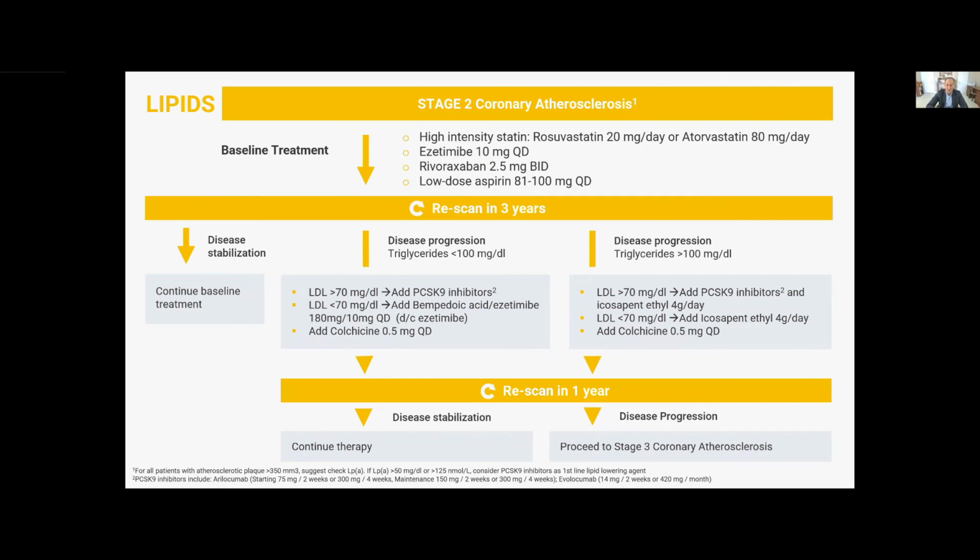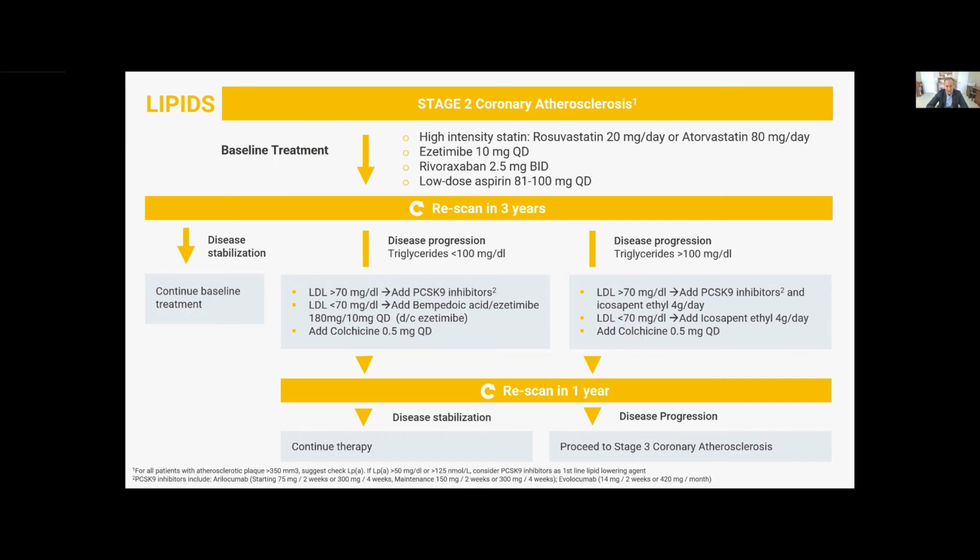Here's stage 2 coronary atherosclerosis. So now we're looking at individuals with a PAV of 10 to 20%. And there are even more comprehensive recommendations going beyond statins and ezetimibe to include antiplatelet and antithrombotic drugs like low-dose aspirin and rivaroxaban. Patients are then asked to be rescanned in 3 years. If there's disease stabilization, then of course you continue the current therapy.